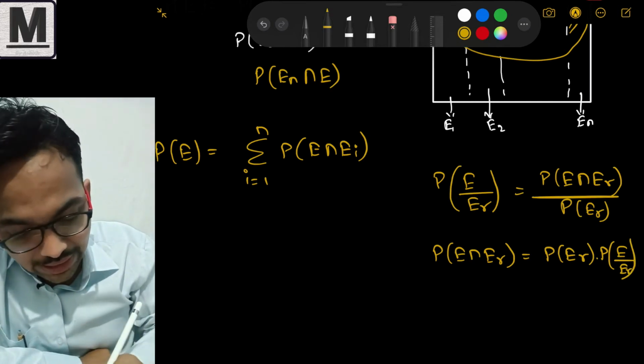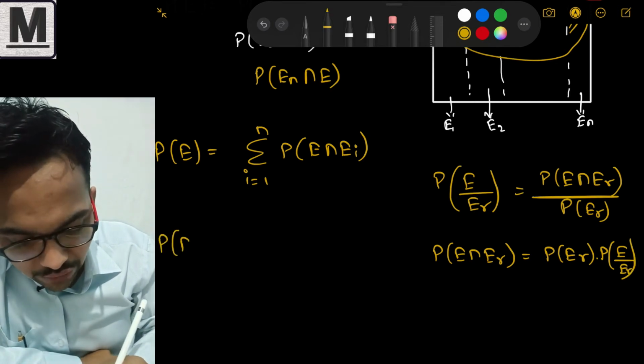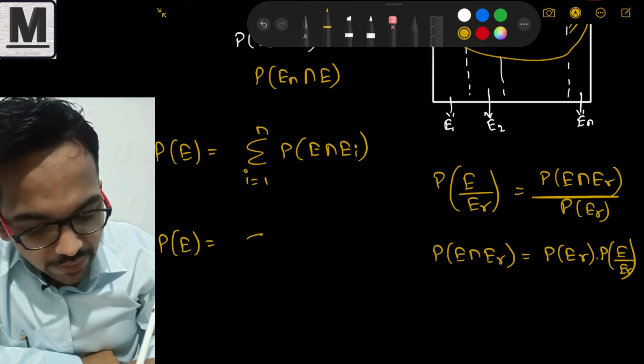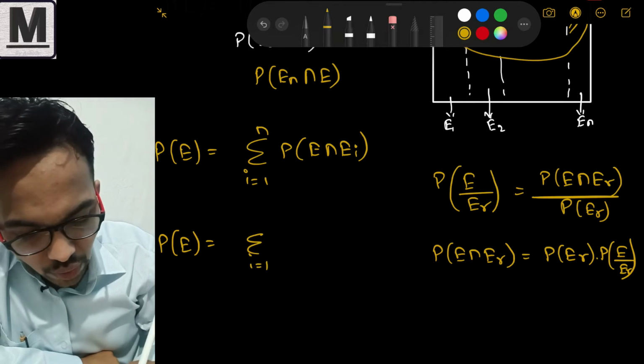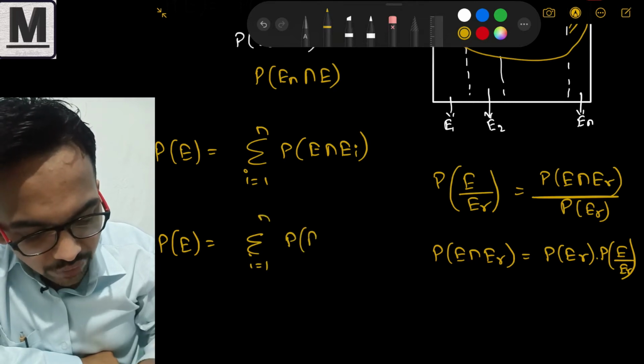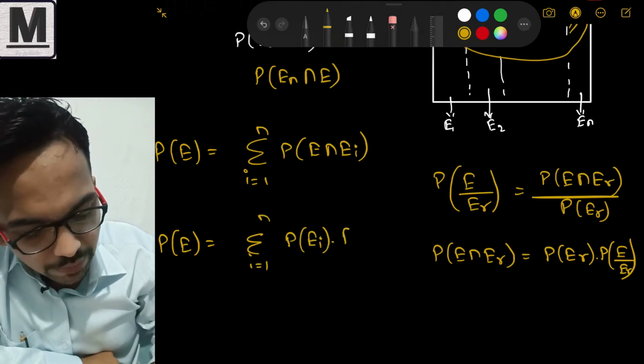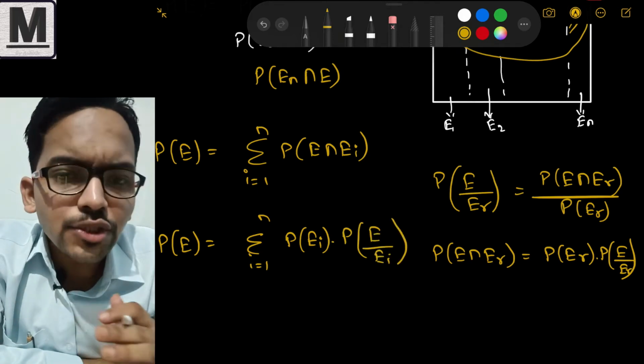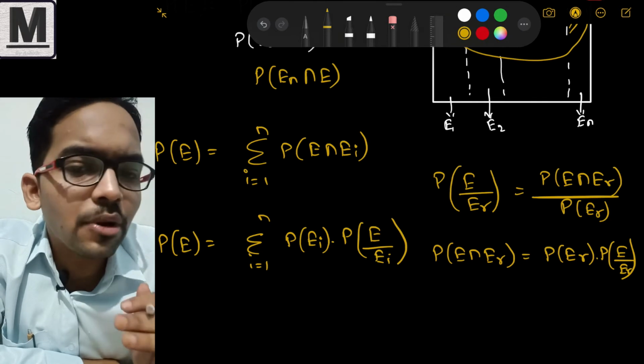So now we can state that the probability of occurrence of E equals sigma, i from 1 to n, of the probability of Ei into the probability of E given Ei. This was the total probability theorem.